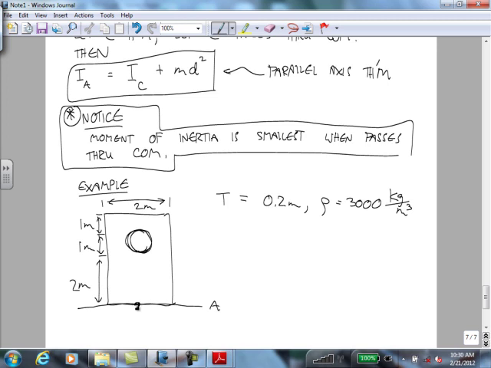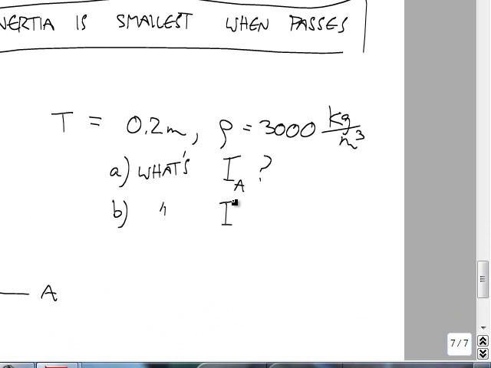And second, what's the moment of inertia about B of this shape? Okay, so for the first one to calculate, really the overall strategy is the same for both of these. What do you think?